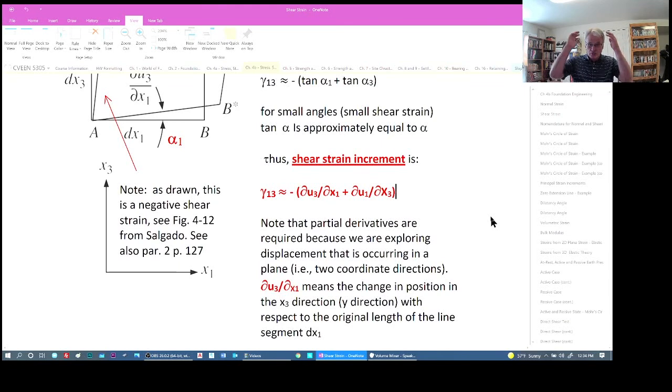Note we're using partial derivatives here because we're exploring changes in two coordinate directions, so we must use partial derivatives to express the changes in those directions.